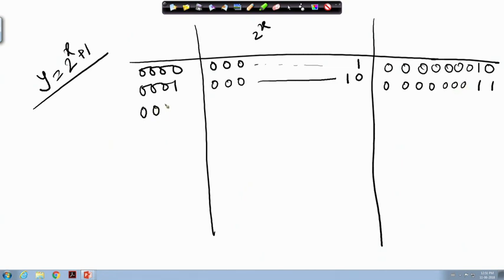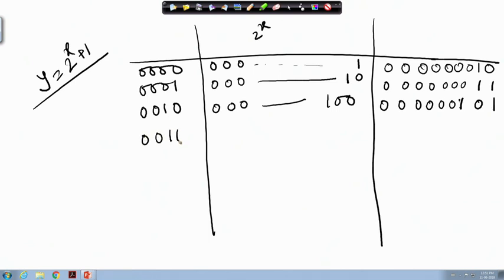Then for 2, this is 4, so now it will be 5. Okay. Then again for 3 it is 8, but here it will be 9. Okay.